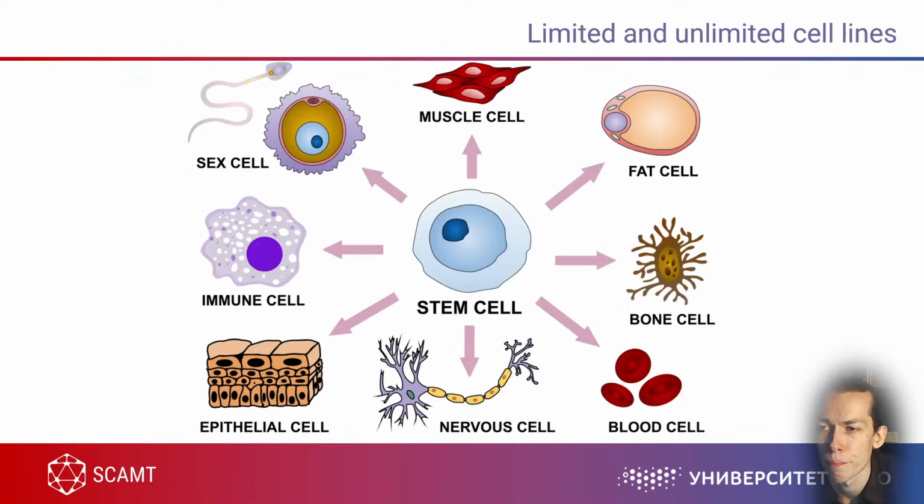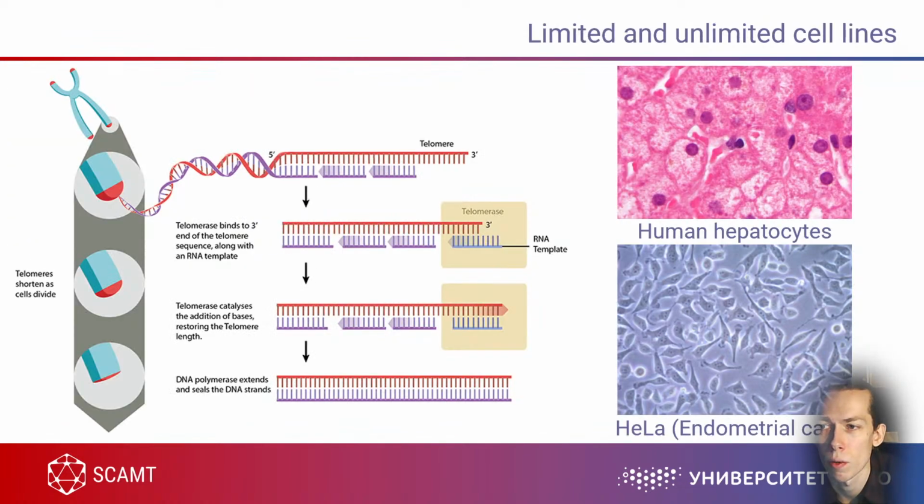What is the other difference between secondary and primary cell cultures? I already mentioned that cells can be limited and unlimited. Some cell lines or cell cultures, it's a synonym, cell line or cell culture, can be limited or unlimited. Primary cell cultures are limited, and only some of the secondary cell cultures are unlimited.